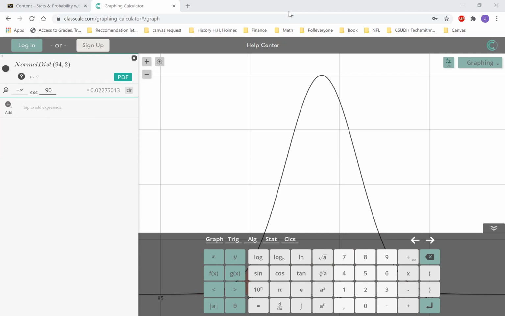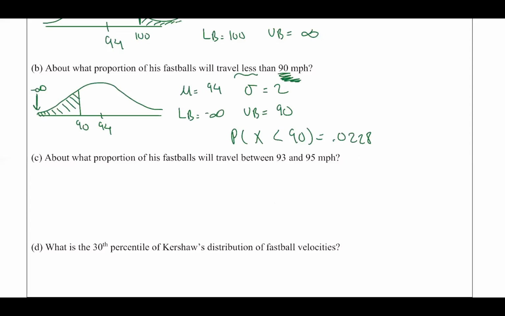No, I just have a question in general. Yeah, what's up? Every time you get your answer, like right there, it says on ClassCalc that it's a negative. Do we just disregard the negative? You're saying that on mine it shows negative?